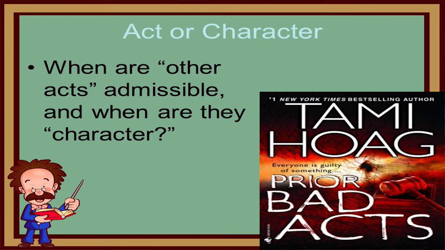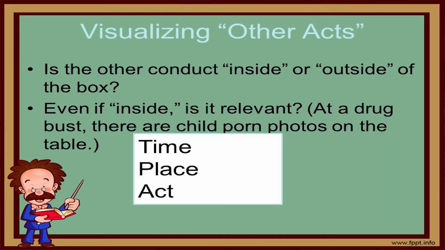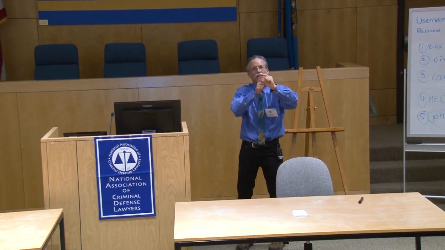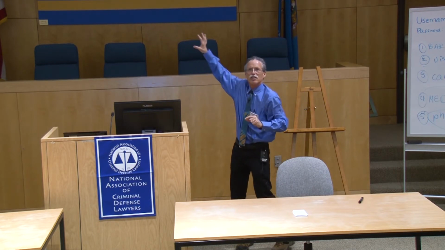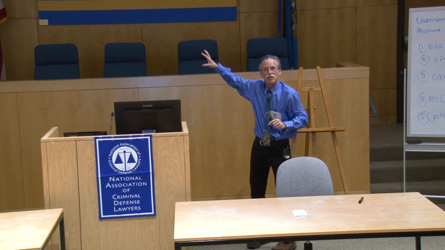Okay, so which are other acts? When are acts admissible and when are they character? This is what I use to teach my students, and it goes back to case theory. So what I want you to do when you have a case is draw a box on a piece of paper, and inside the box is the time, place, and act.